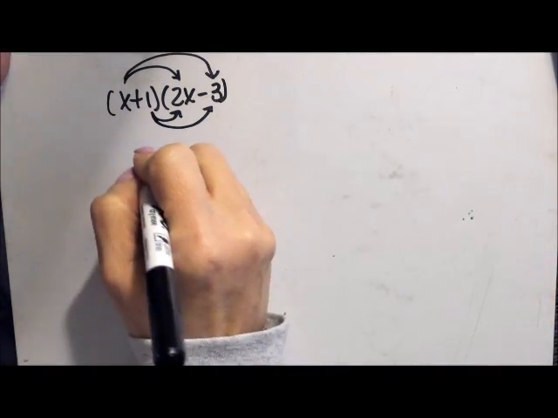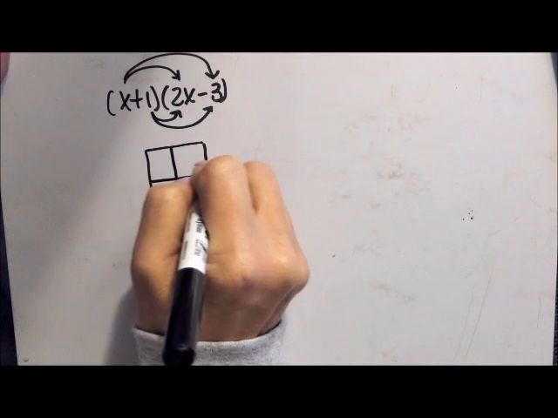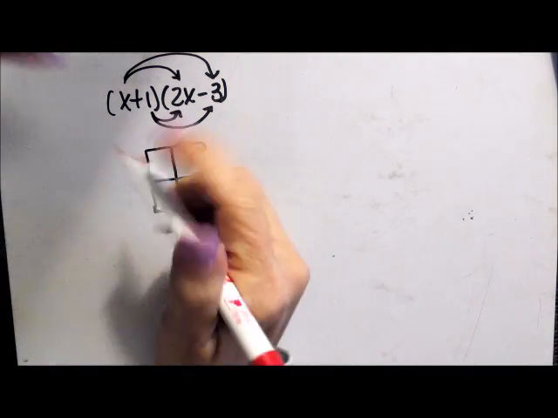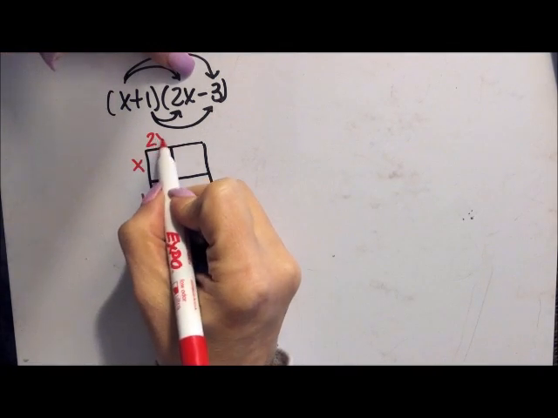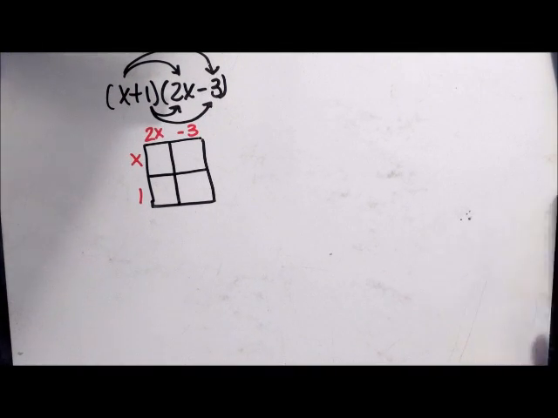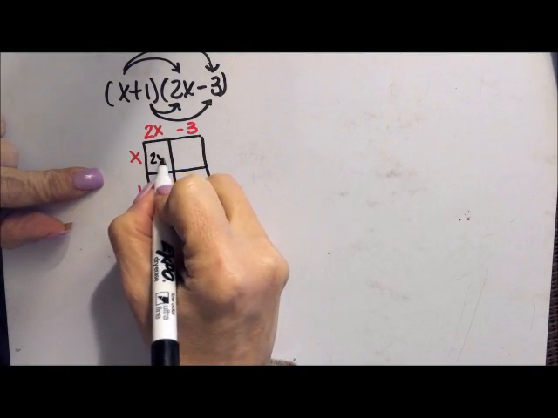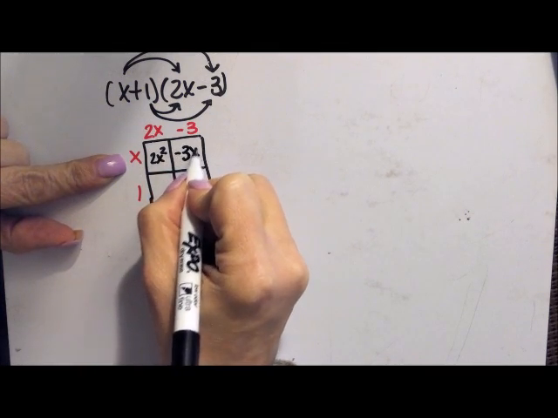Or a lot of us, in fact, I think most everyone in algebra this year did it with the box. And when we did the box, we put x and 1 out here, and up here we put 2x and -3. And then after that, we multiplied. So 2x times x gives me 2x squared. X times -3 would give me -3x.